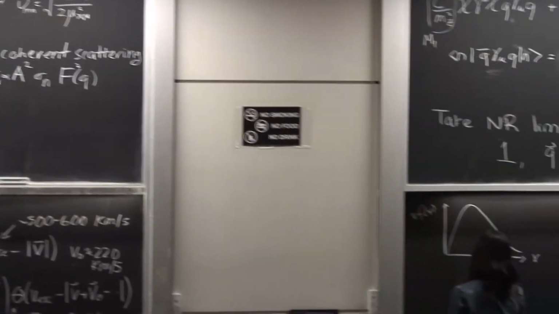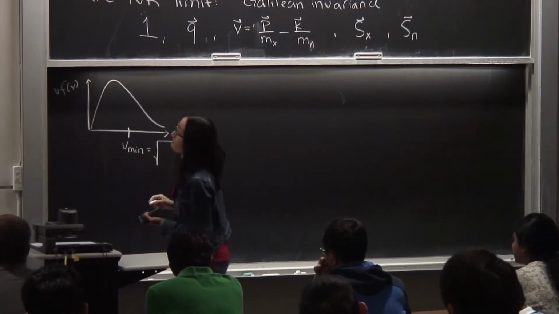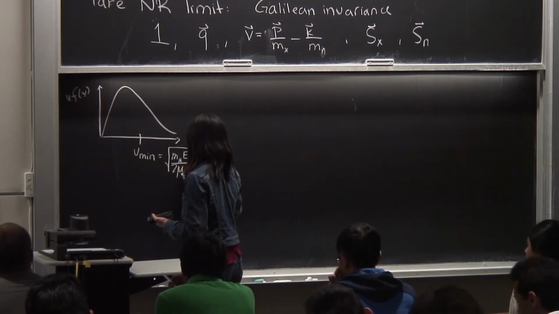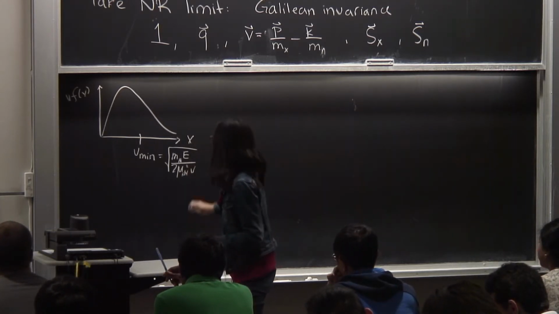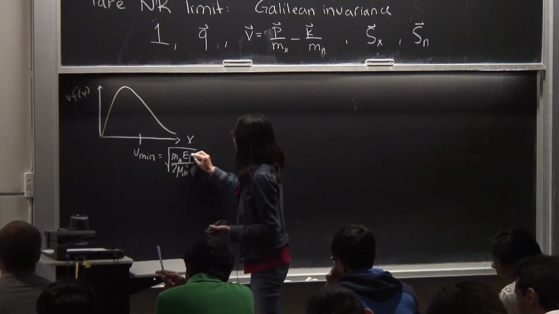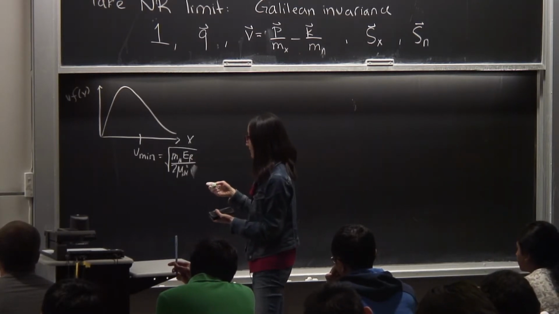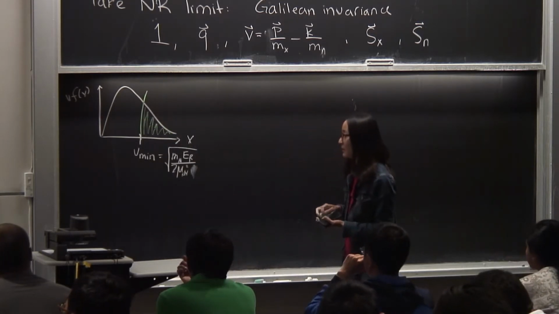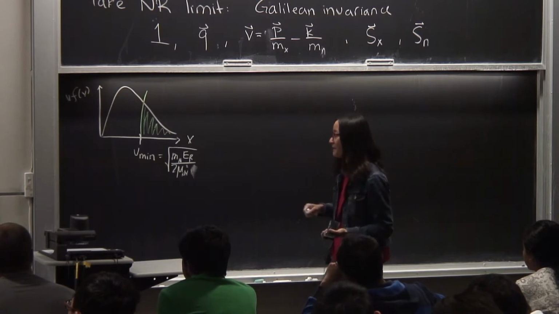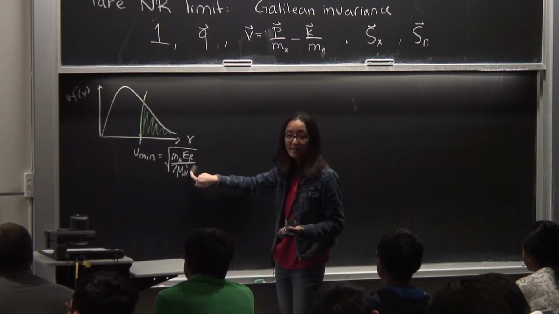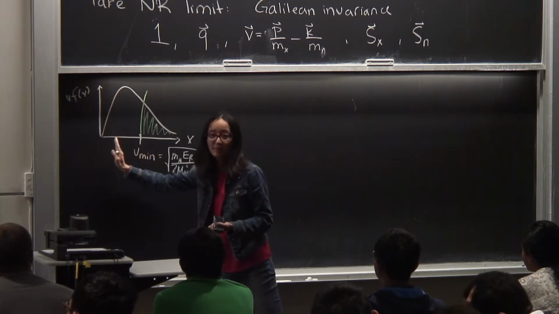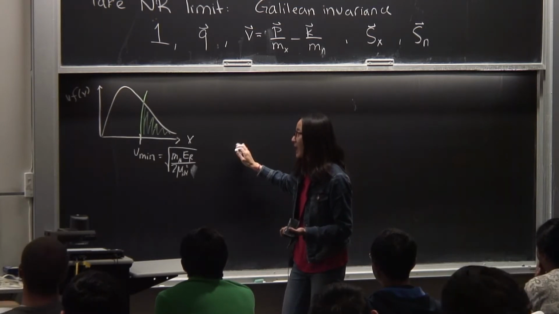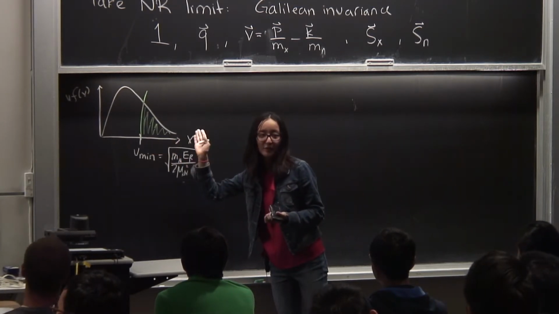So it could be something like this, and I want to integrate everything above here. If I have very heavy dark matter, I keep increasing the reduced mass, and that pushes my minimum velocity down, and I integrate over more and more of this. If I have lighter dark matter, it pushes this up, and I integrate over less of this.